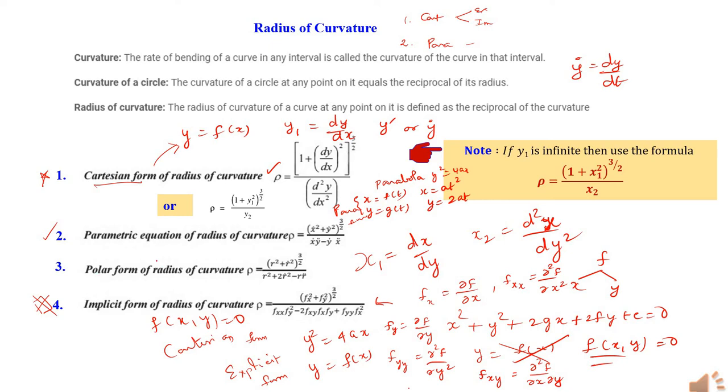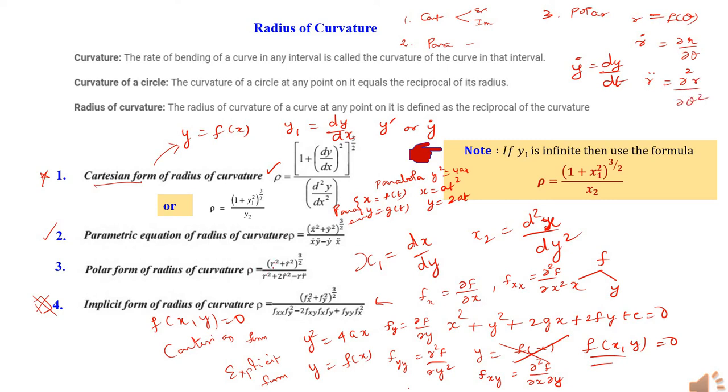And then for polar form, polar form means you have r is equal to f of theta. So in such a case, this is the formula. Here r dot stands for dou r by dou theta, as r is a function of theta, and r double dot stands for dou square r by dou theta square.